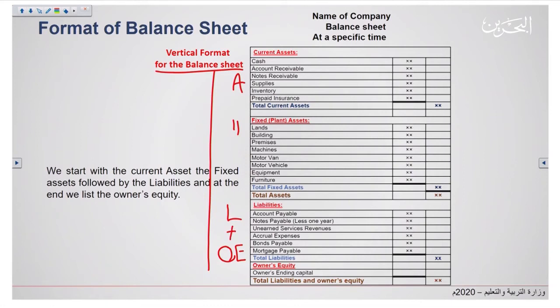And we want to make sure of the same concept, that the total assets, current and fixed assets, are equal to the total of liabilities with owner's equity. If these totals are equal to each other, then our balance sheet is balanced, and we have successfully applied this formula.